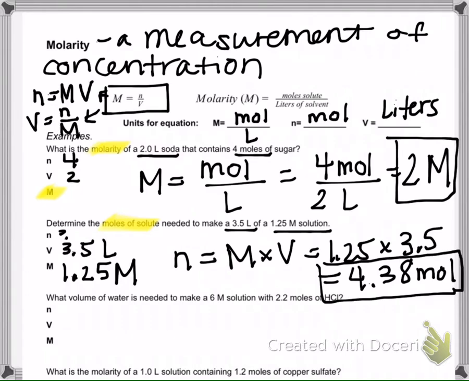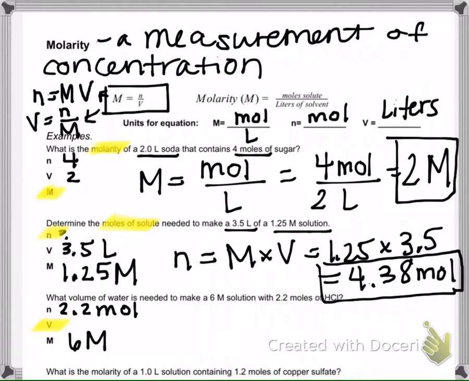The next one. What volume of water, so I'm looking for volume, if I have a 6 molar solution and 2.2 moles of hydrochloric acid. So my number of moles is 2.2, my volume is unknown, and my molarity is 6 molar.